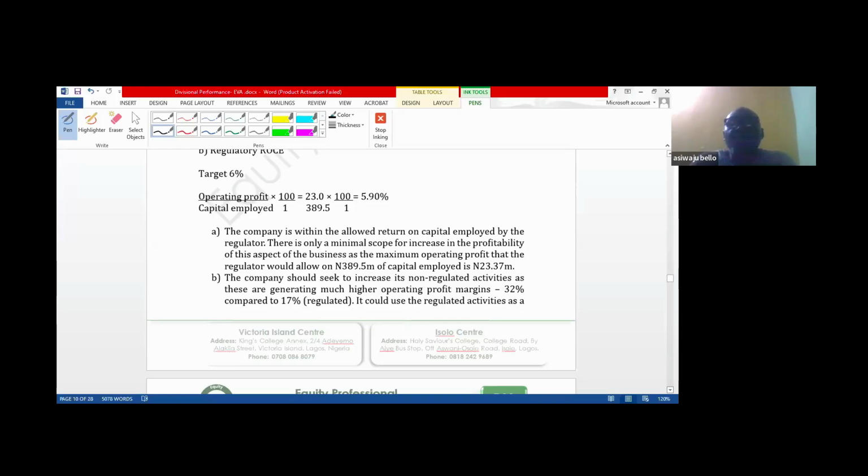As the maximum operating profit on 389.5 million of capital employed is, how do we get this? Compute 6% of 389.5. That is the maximum profit the company can make.